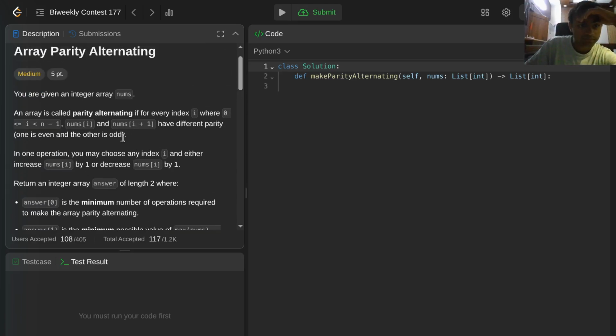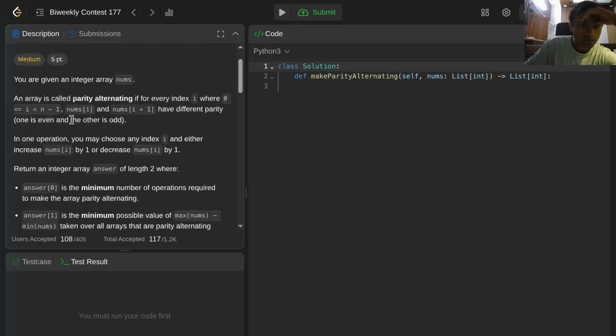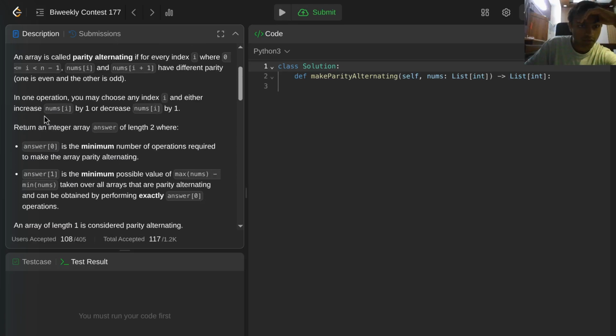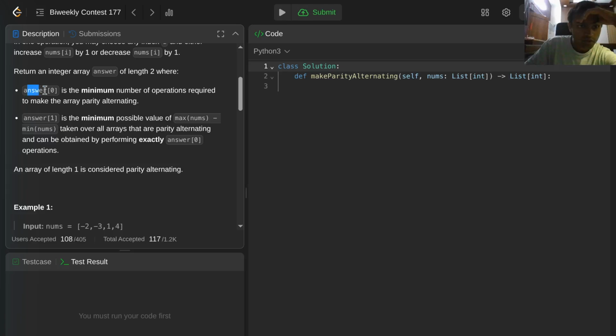Okay, wait. So basically we need one odd, one even, one even, one odd, like alternating. So answer 0 is the minimum number of operations required for our array to make it parity alternating. Answer 1 is the minimum possible value of the maximum of the numbers taken over all arrays that are parity alternating that can be performed by exactly that many operations.